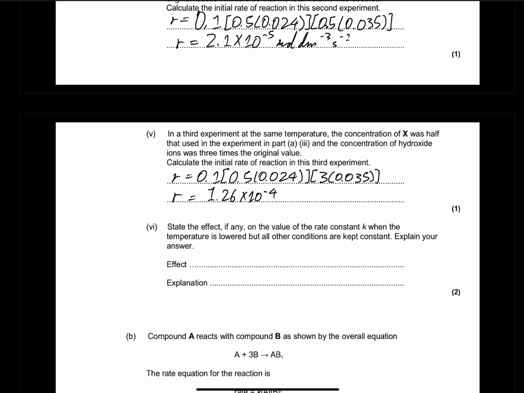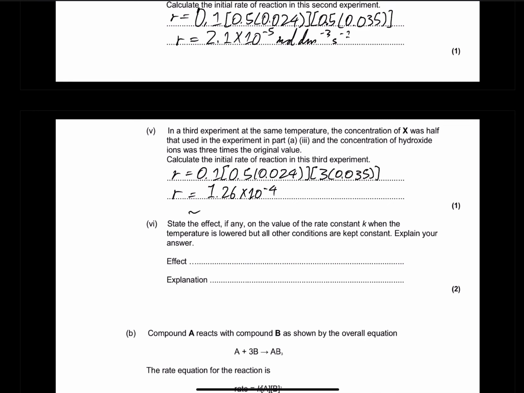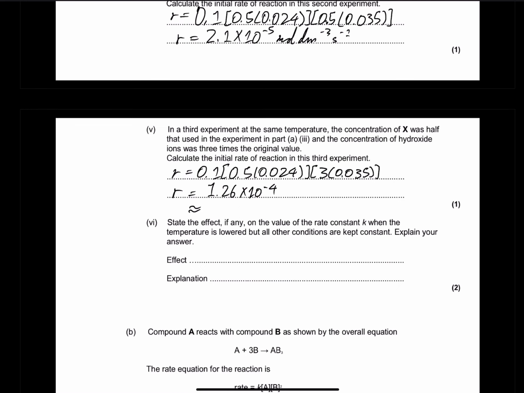I think they may allow that, but I will round it to 2 significant figures: 1.3 times 10 to the power of minus 4. Because they did leave it in 2 significant figures, sorry.